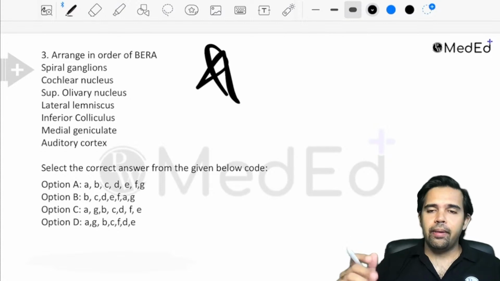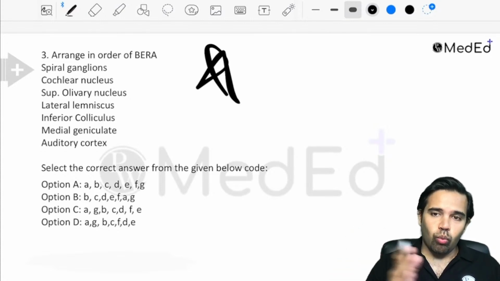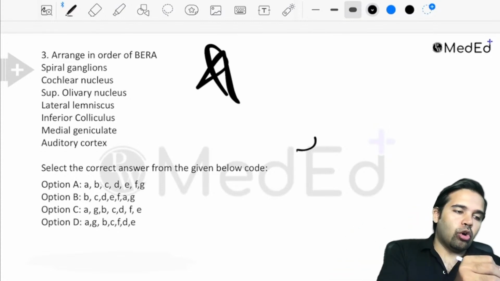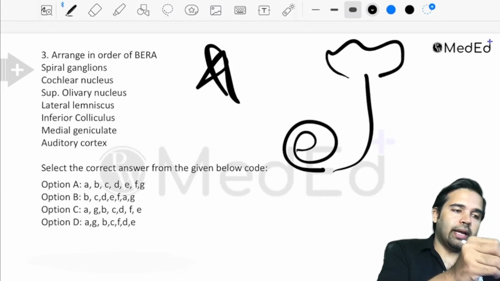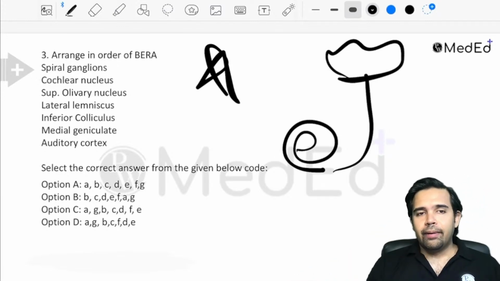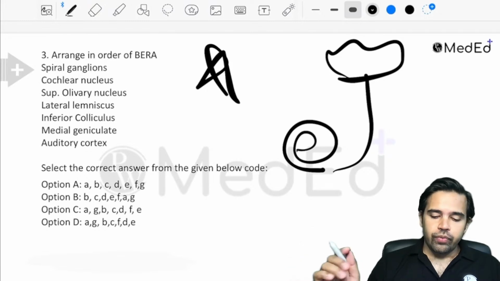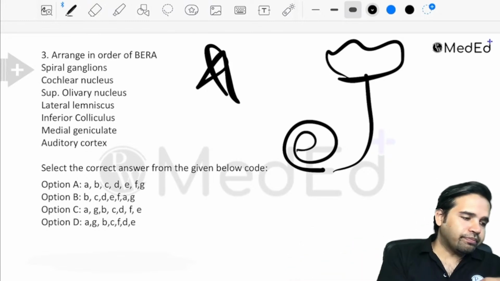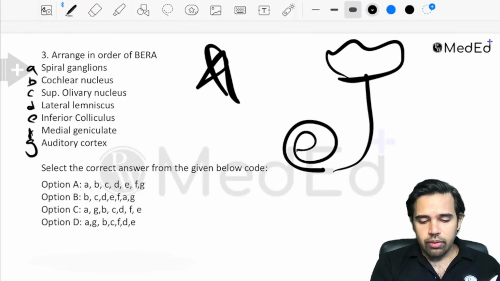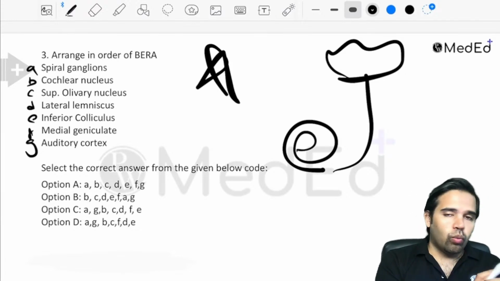They're basically asking that in the auditory pathway, from the cochlea all the way to the brain, what is the pathway that is being followed? Okay, so let's go by this one by one. They're basically asking what is the sequence.